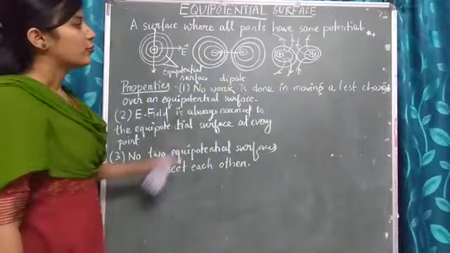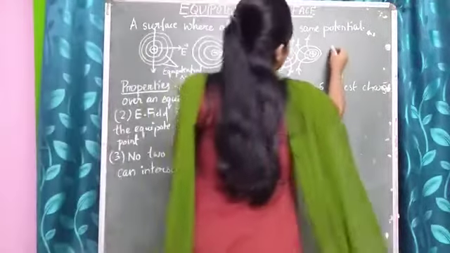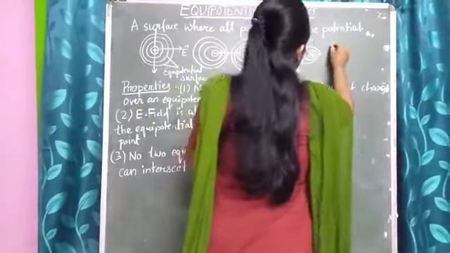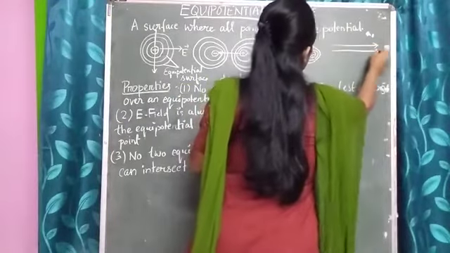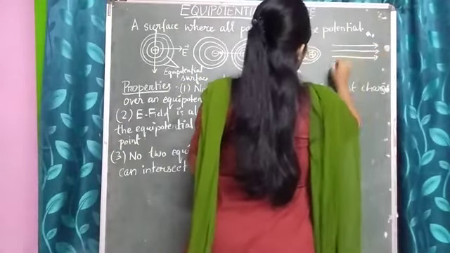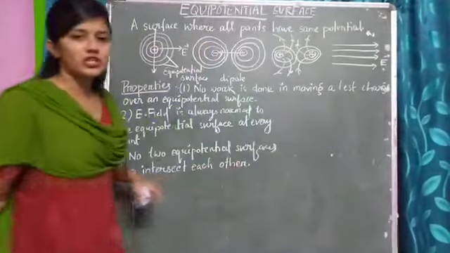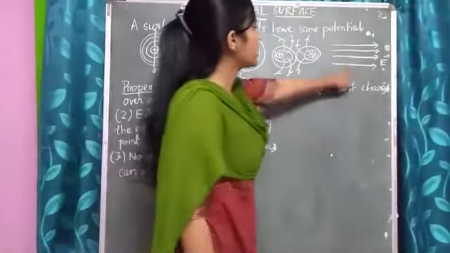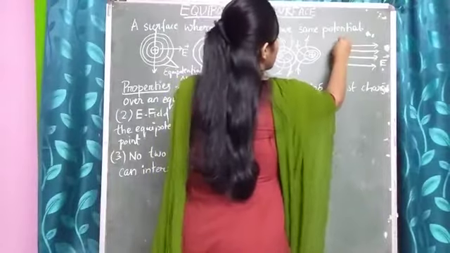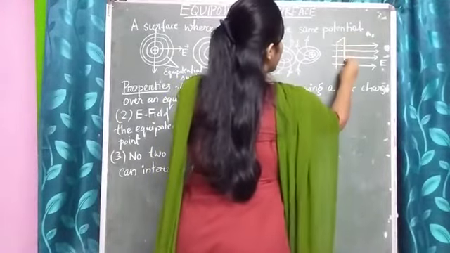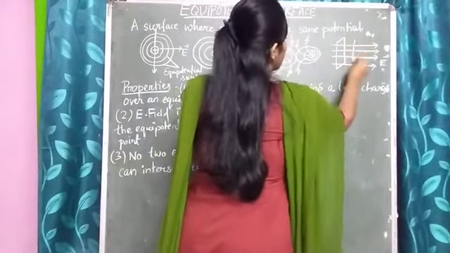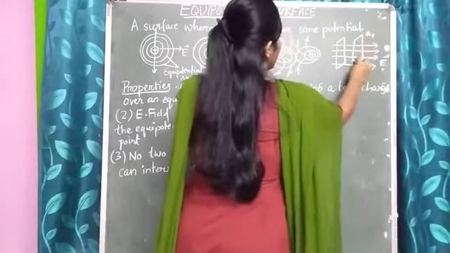Next, for a uniform electric field, we represent the uniform electric field like this. What is the equipotential surface for this electric field? These are parallel planes perpendicular to the electric field direction.